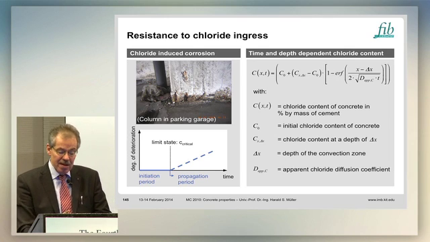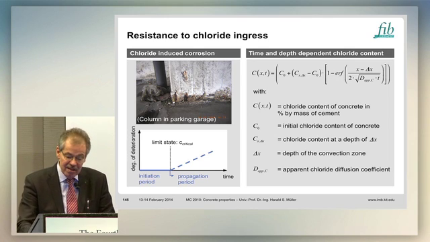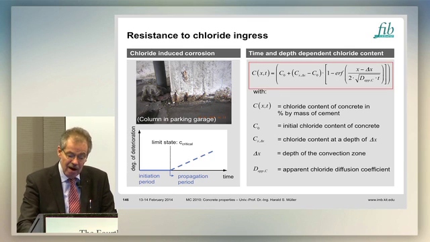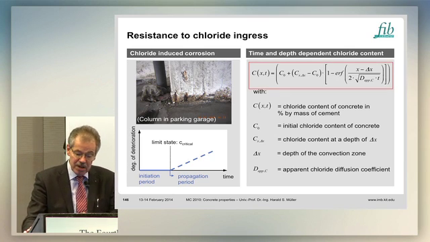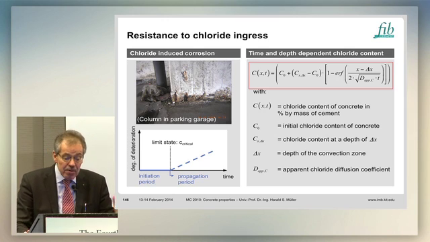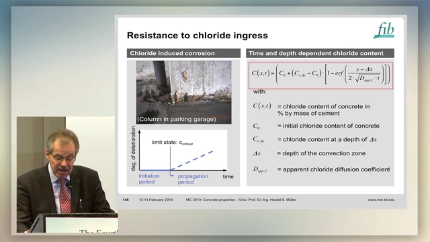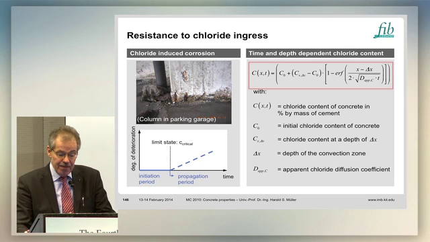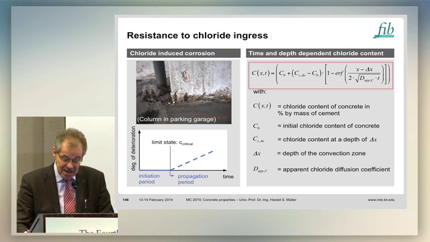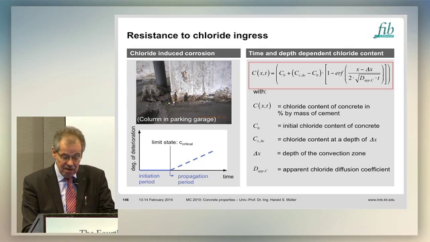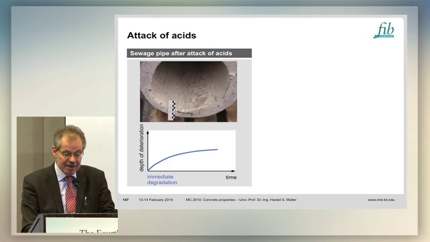And the time which elapses until this start is described by a diffusion law, and this is the solution of this diffusion law, this equation you find in the Model Code. And then you can calculate the time until a critical value of the chloride content is achieved at the steel, at the surface of the reinforcement.